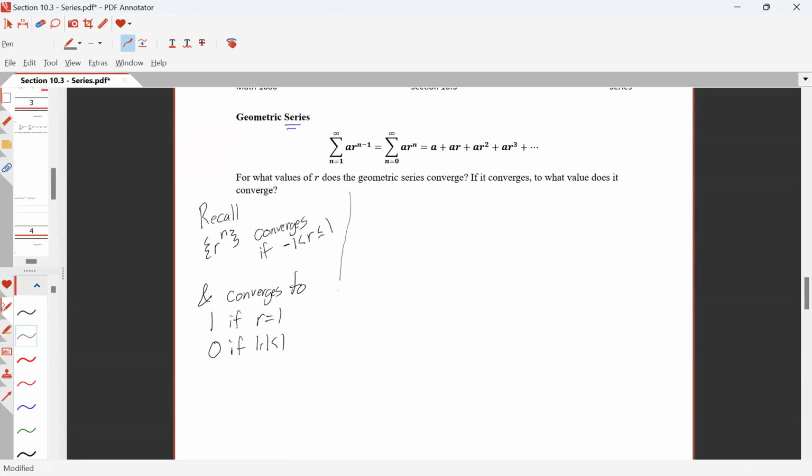So we have this information about geometric sequences.